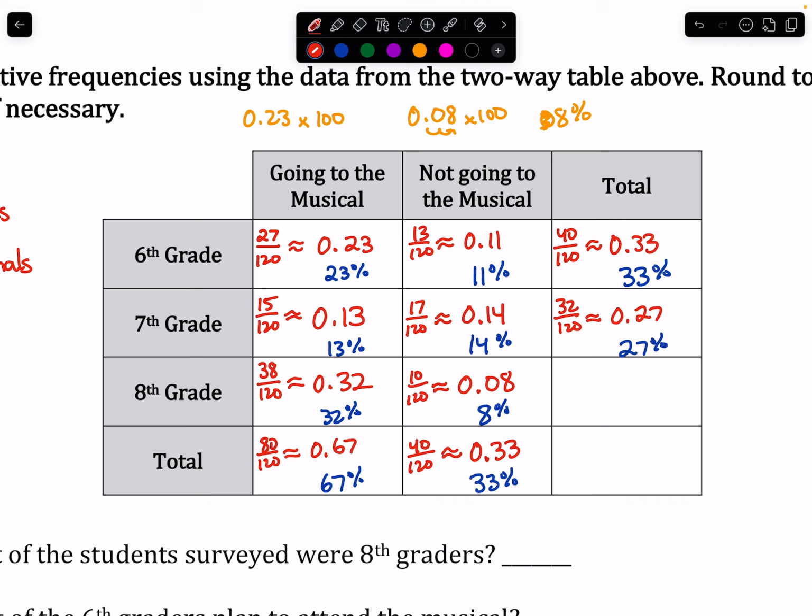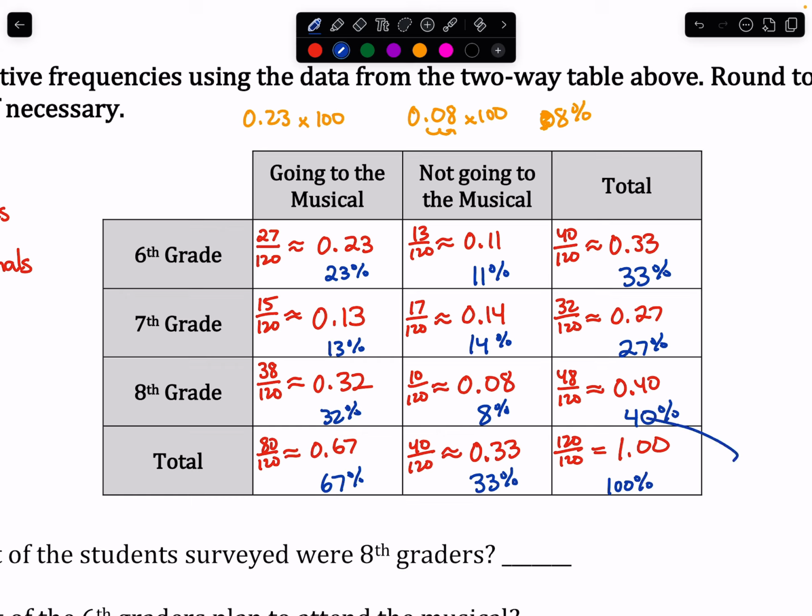Our 8th graders was 48 out of 120, which was 0.40 or 40%. And then lastly, we have our total, which was 120 out of 120, which, hopefully you know, is 1.00, also known as 100% of our students.